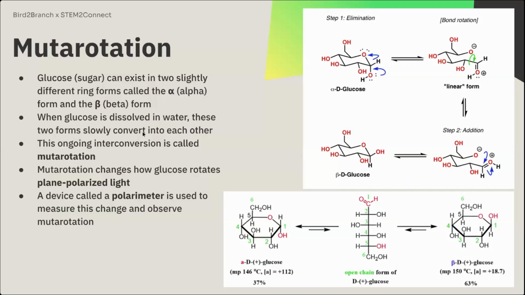When glucose is dissolved in water, these two forms slowly convert into each other, just like how ibuprofen does that. This ongoing interconversion is called mutarotation, and it changes how light is being rotated through the glucose molecule. A device called a polarimeter is used to measure this change and observe the mutarotation. So building off of that ibuprofen idea.